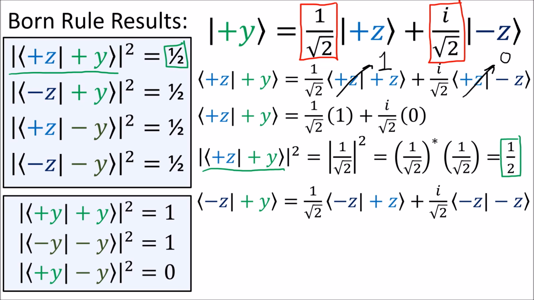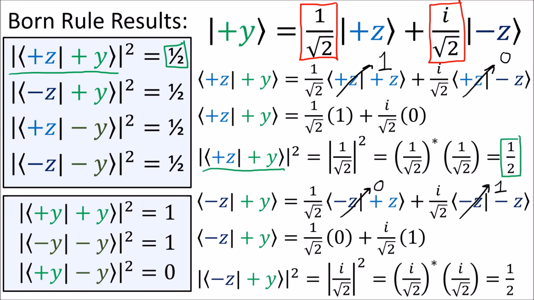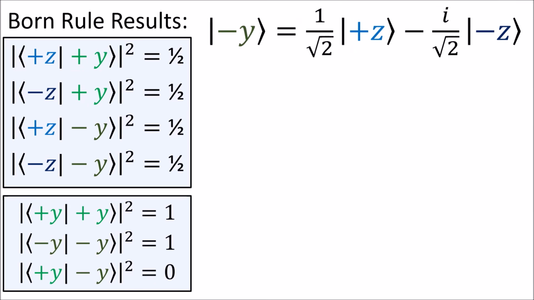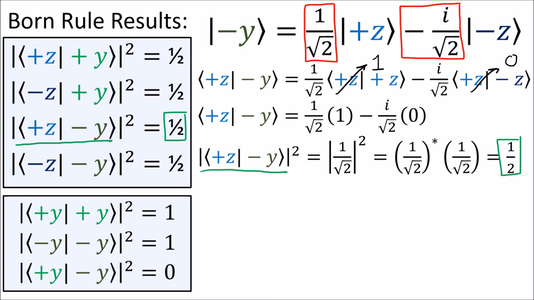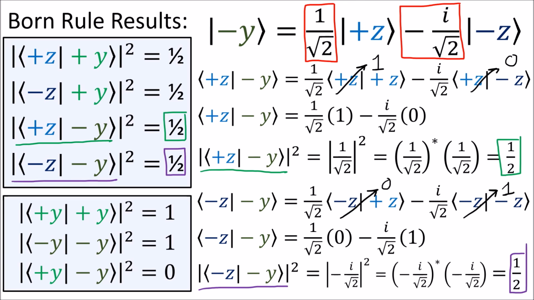The same thing happens for the inner product of the minus z and plus y states. The imaginary i goes away when we take the squared amplitude. For the minus y state, we use coefficients of 1 over the square root of 2 and minus i over the square root of 2. This gives the expected probabilities of 1/2.